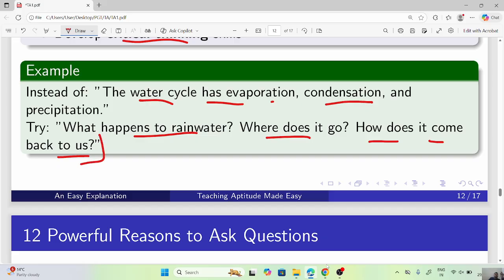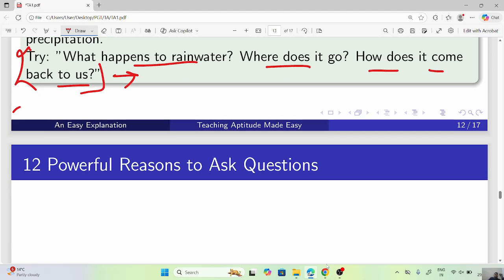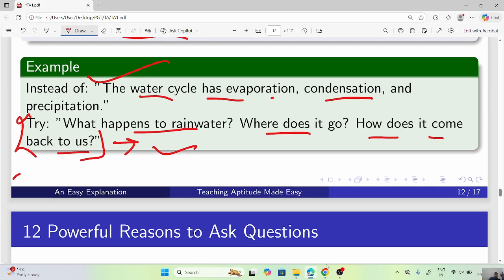It is a more interesting question instead of a flat statement. It makes students creative, analytic, and their level of thinking can be improved by such types of questions.